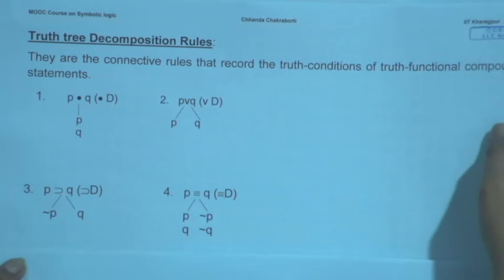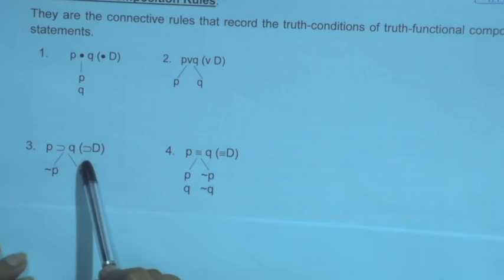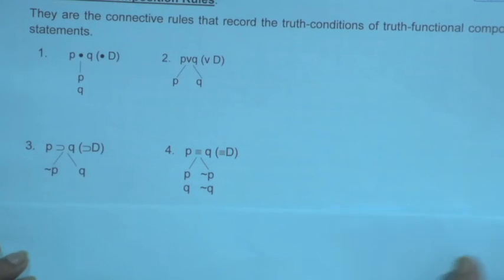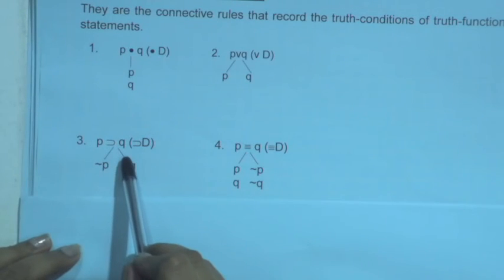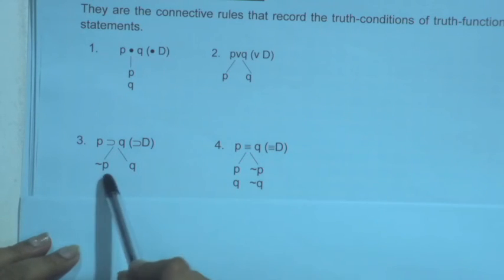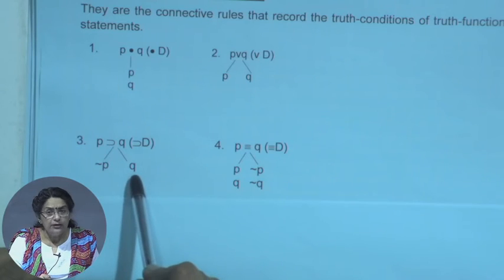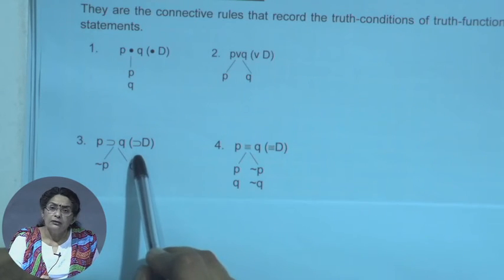The last two rules for today are like this. Here is your horseshoe decomposition rule. What you are saying is, when is P horseshoe Q true? If you look into your truth table of the horseshoe, you will find either when P is false or when Q is true. These are two times when the horseshoe comes out true, and that takes care of it.